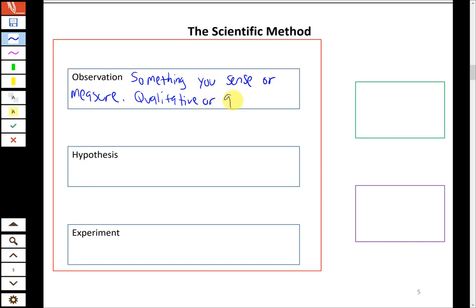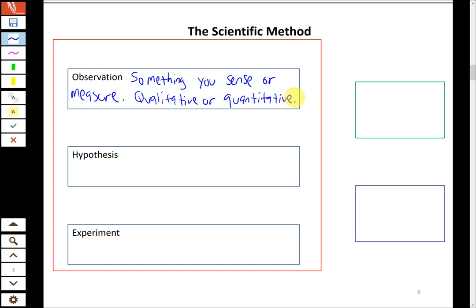And both can be useful in different situations, so it's not to say one is better than the other. A qualitative observation is one that is not measurable in an absolute sense. So it'd be something like, the sky is blue today, or Professor Teets has curly hair.